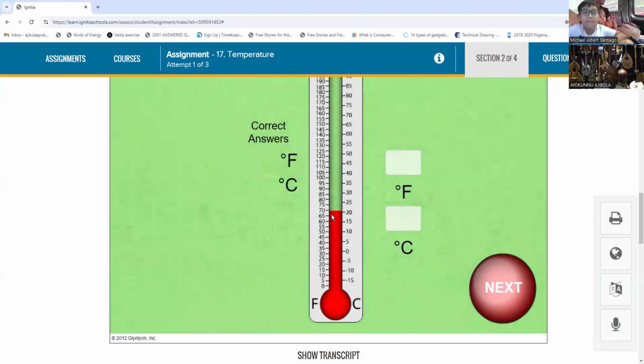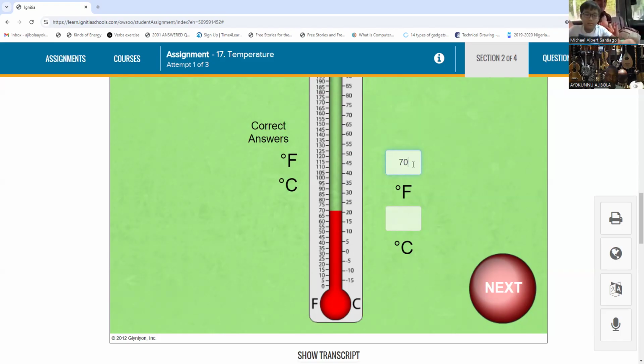So, what do you think of this one? Maybe 70 and 21 or something, right? What temperature can you see? 70 degrees Fahrenheit.